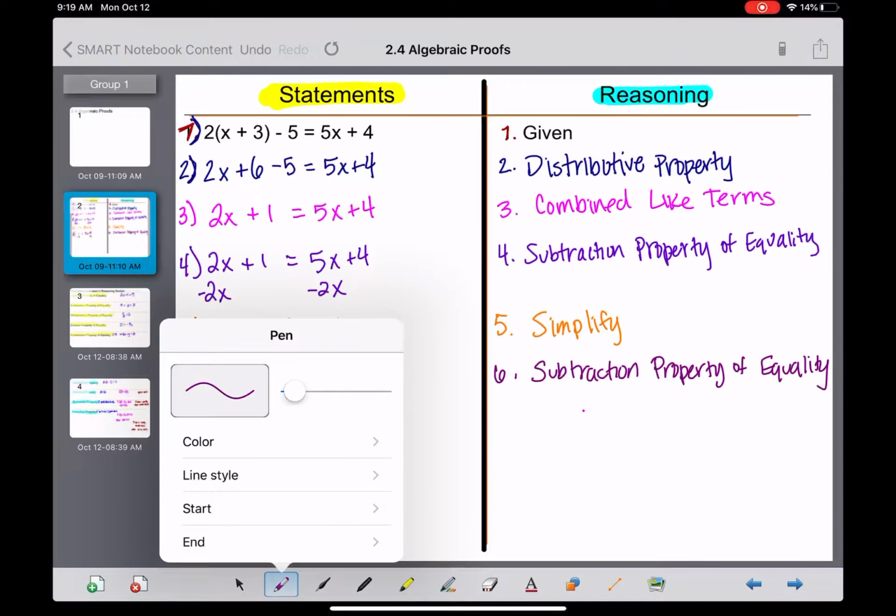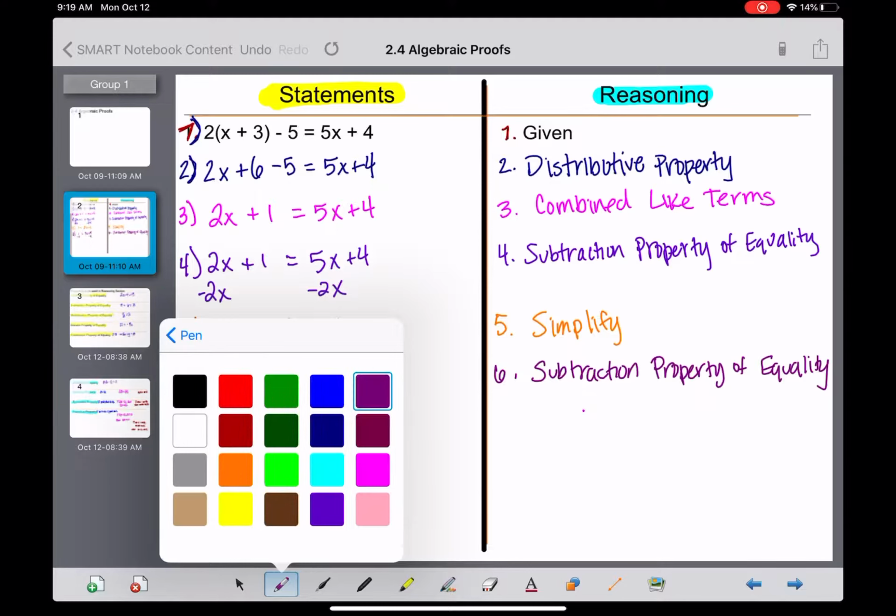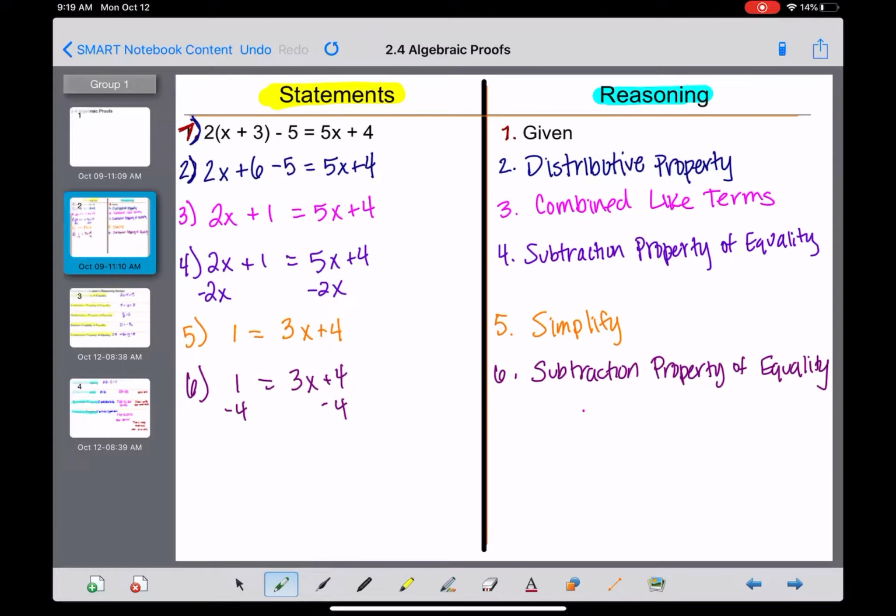Step 7, I'm going to do the subtracting portion. So I have negative 3 is equal to 3x, and I simplified.